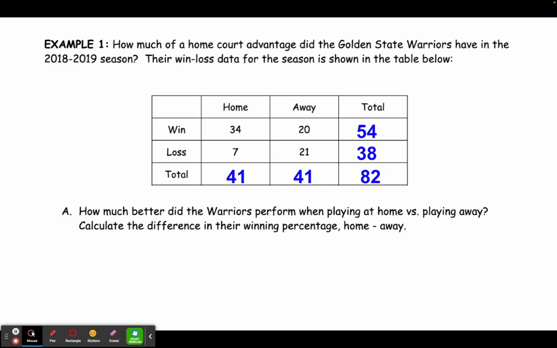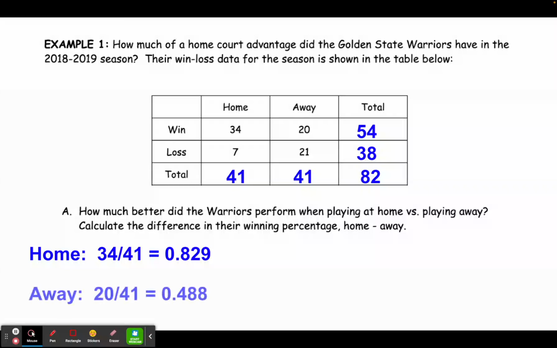Now, in part A, they're asking us how much better the Warriors performed when playing home versus away. In other words, for this season, what was their home court advantage? We need to calculate 2 separate winning percentages. For home games, they won 34 of their 41 home games for a winning percentage of 0.829. For away, they won 20 out of their 41 away games for a winning percentage of 0.488.